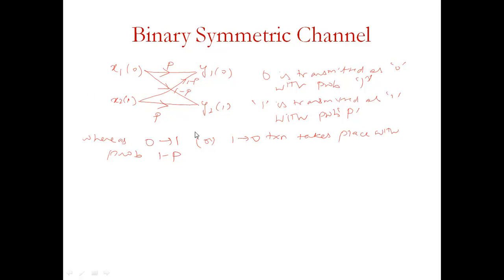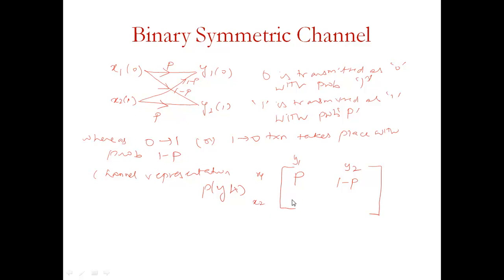Now, I have already defined how to represent the channel. So how do we represent the binary symmetric channel? Here we have 2 inputs and 2 outputs, so we are going to have a matrix of P of y given x with inputs x1, x2 and outputs y1, y2. x1 is transmitted as y1 with probability p, so first row, first column will have p. x1 is transmitted as y2 with probability 1 minus p, so this becomes 1 minus p.